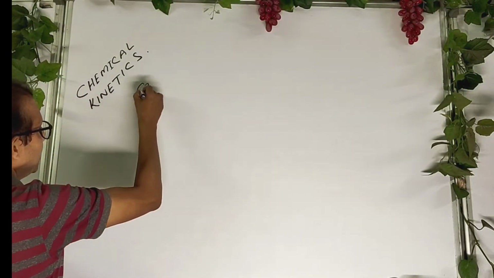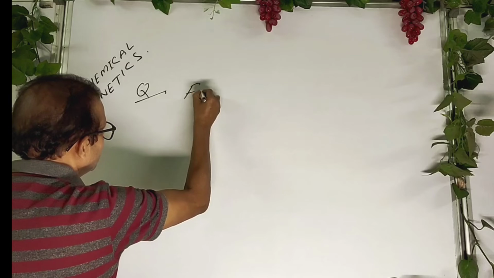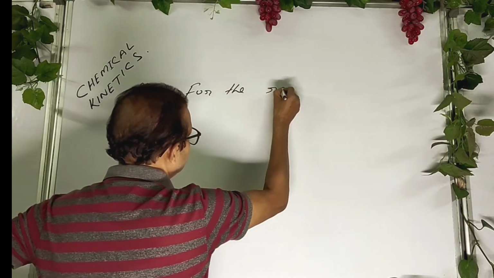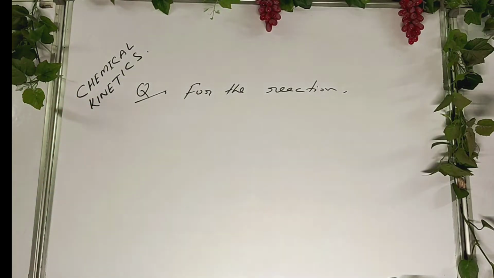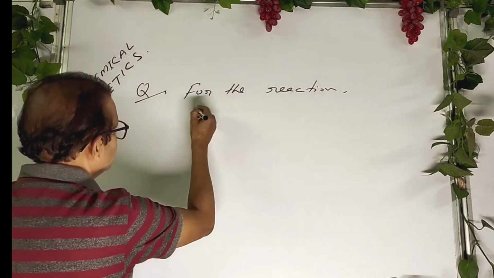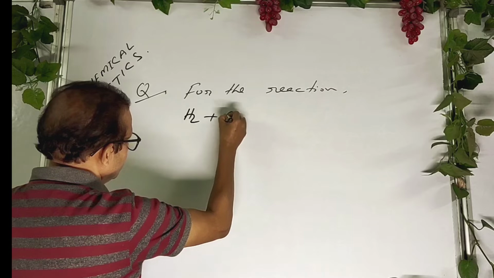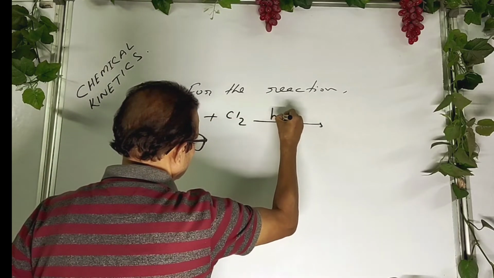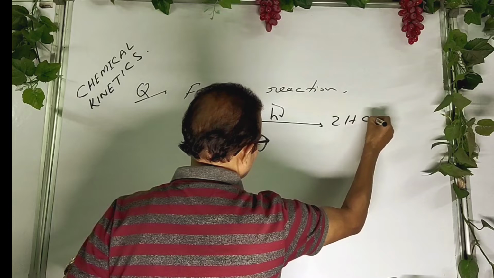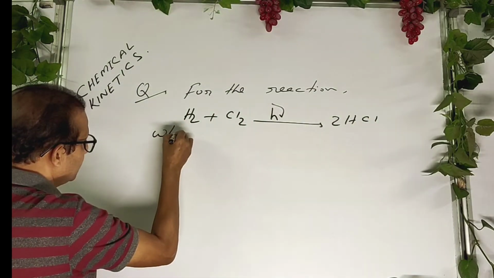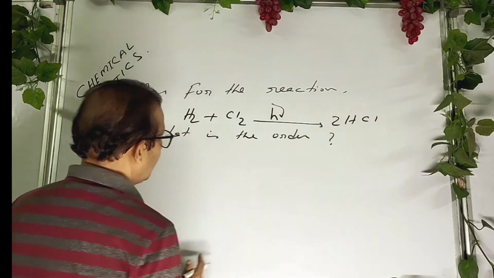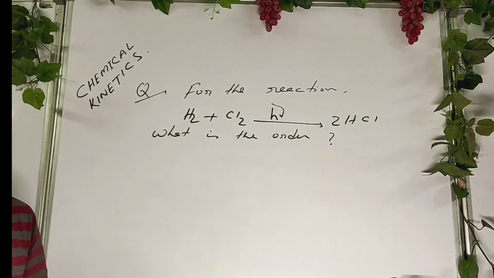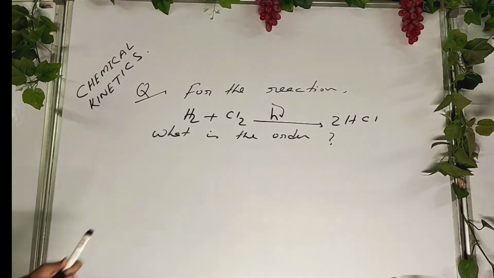So the question is, write down, for the reaction: hydrogen reacts with chlorine in presence of sunlight.